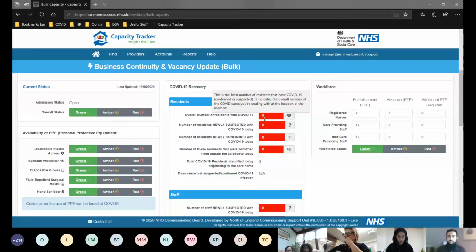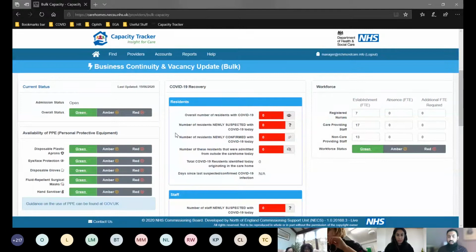That's not just today, that's the total number that currently have ongoing symptoms or confirmed COVID-19. The second and third boxes are the COVID-19 cases suspected or confirmed today. These numbers are reset every day at midnight, so there's an expectation that the boxes are completed every single day.